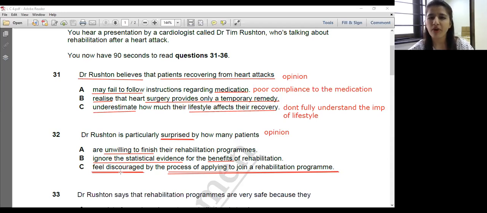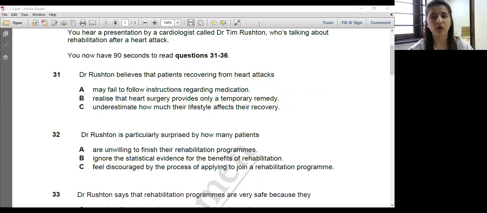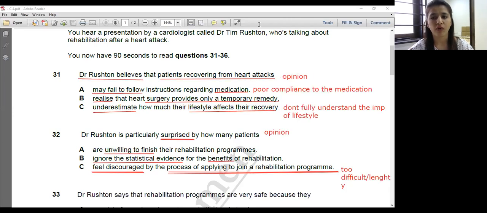C is more towards the negative of the rehabilitation program itself, because it says the process of applying. So maybe the process of applying is too difficult. If this is the correct answer, then maybe the speaker would say that it is too difficult, or too lengthy a procedure, so that people do not usually opt for such procedures. So these can be the alternatives that they can go for.